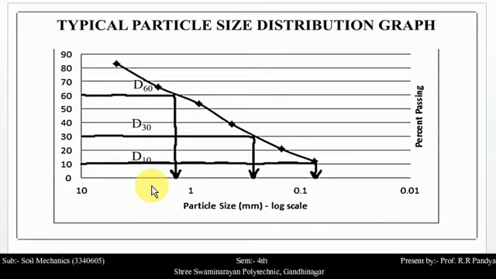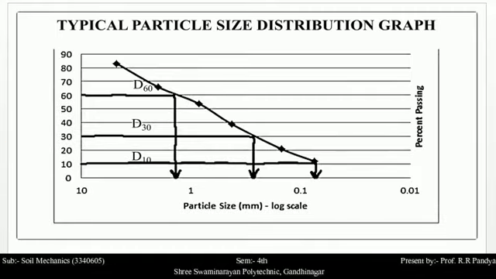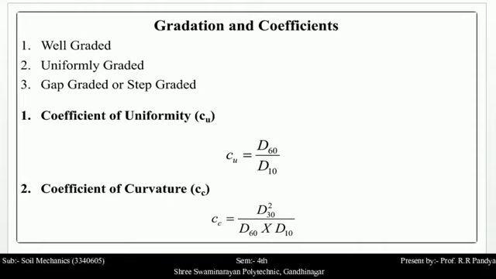These are nothing but the particle sizes at which 10% of the soil is passing, 30% is passing and 60% is passing. These values will be useful to determine the gradation coefficients, which are the coefficient of uniformity and the coefficient of curvature.